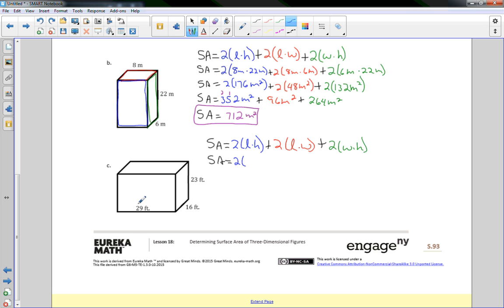The length is 29 feet. The height is 23 feet.